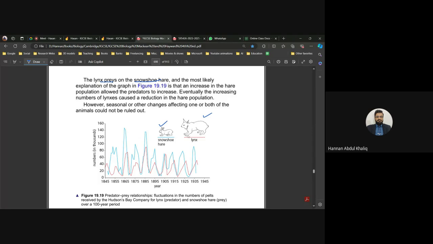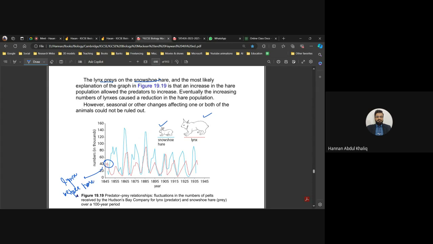You can see that there is quite a similar pattern in the existence of lynx as well as snowshoe hare. In this particular region, the lynx were present before the hare.